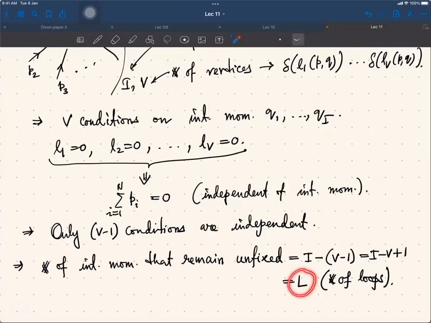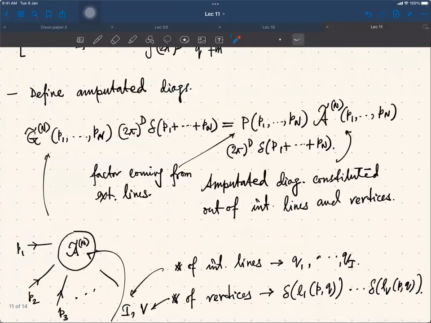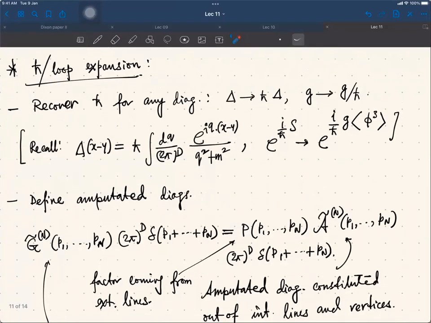So that's a topological property, and its relation to the number of internal lines and vertices means that for each internal line we have a propagator which will be scaled like h bar, and for each vertex we have a vertex factor which is scaled by 1 over h bar.